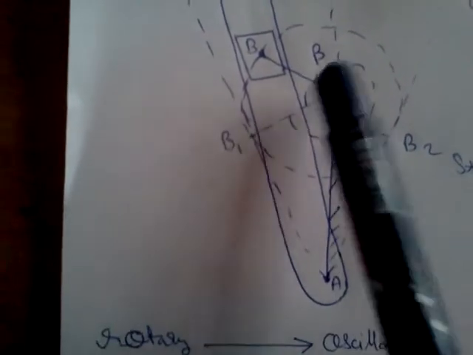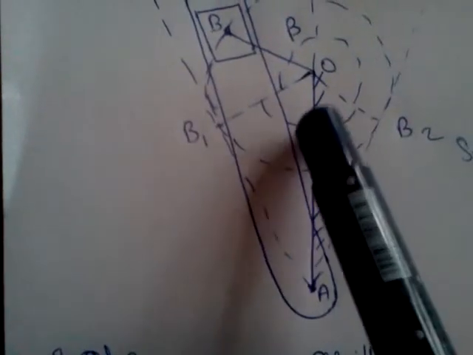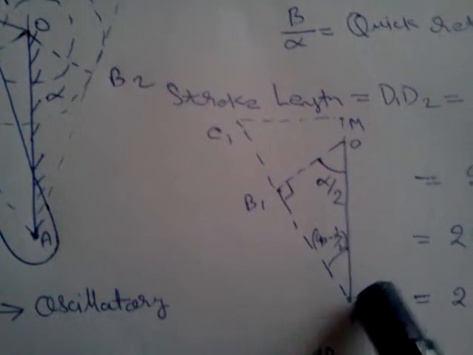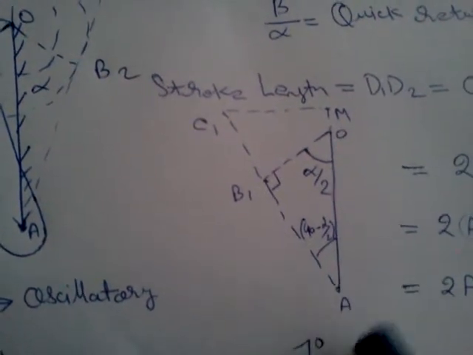And taking this triangle AOB1 here, the angle between this and this angle is alpha by 2. So this angle is 90, so this angle will be 90 minus alpha by 2.